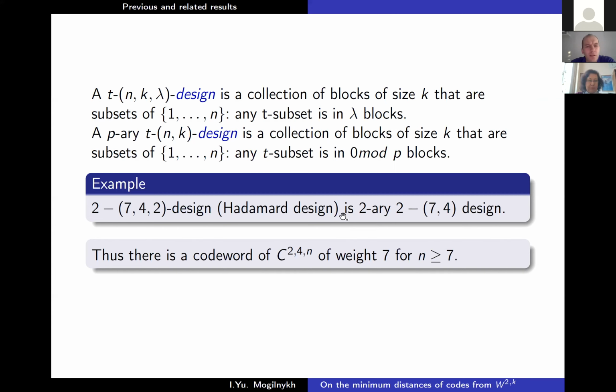If we look at it as a binary design, it is a binary 2-(7,4) design, because any 2-subset is contained in 2 blocks, and 2 modulo 2 is 0. This implies that we have a codeword of our code C_{2,4,n} of weight 7 for all n at least 7. Weight 7 here follows from the number of blocks in our Hadamard design.